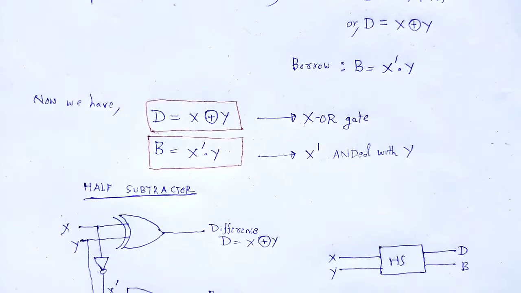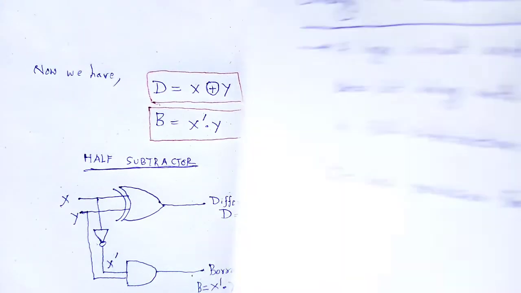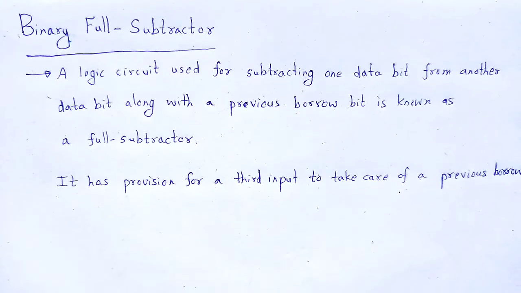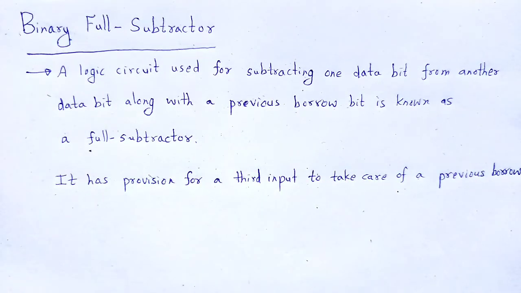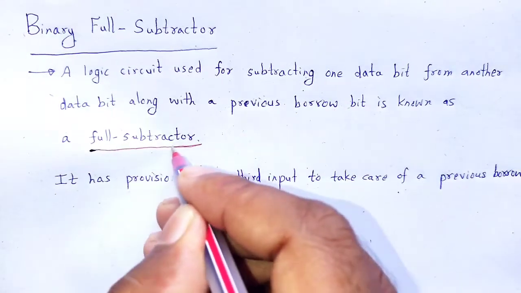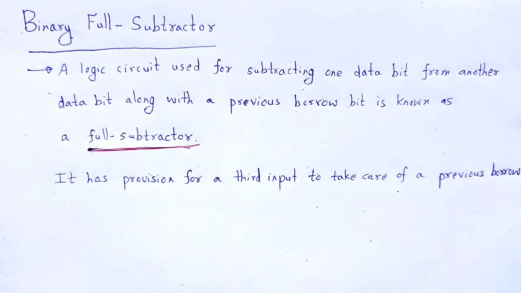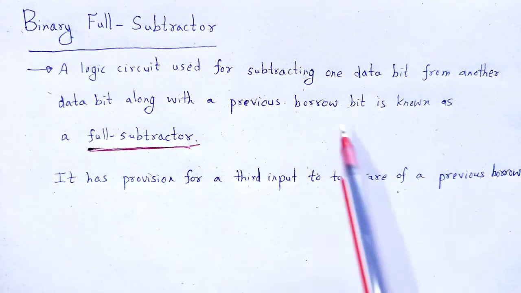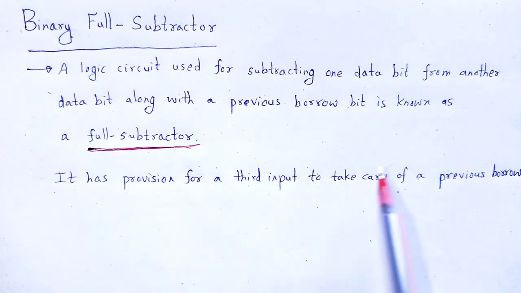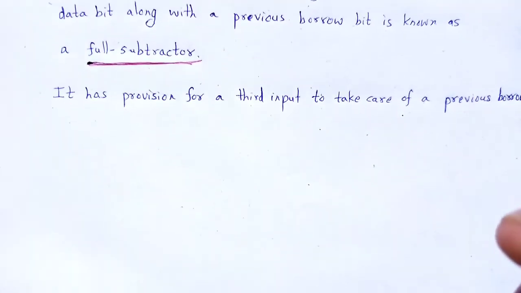In full subtractor, that disadvantage is solved. We take the previous borrow bit, therefore it is known as a full subtractor, and it has the provision for a third input to take care of the previous borrow. Due to the third input, the subtraction is taken with three inputs.